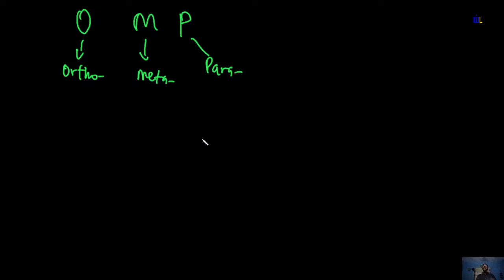It is characteristic of your benzene ring compounds. The reason some of you might not be able to identify or draw the structure of paracetamol is simply because you don't know this. Now listen, when you consider the ortho, meta, and para, ortho simply means adjacent to.